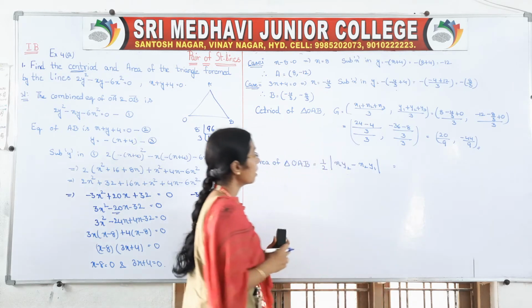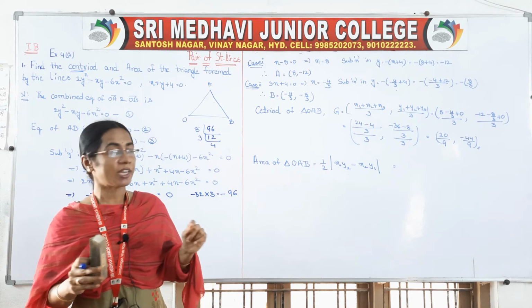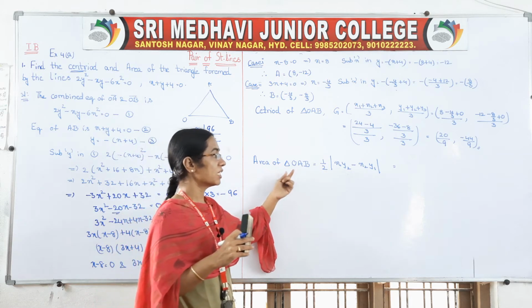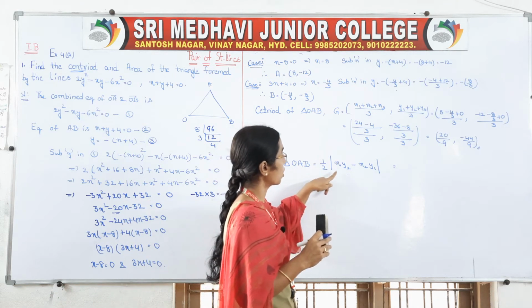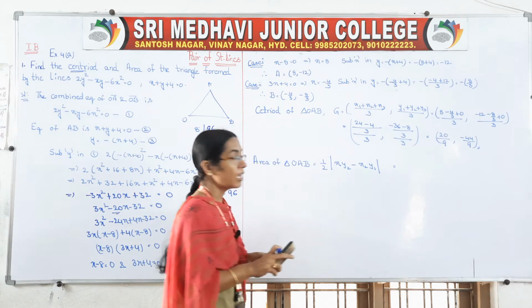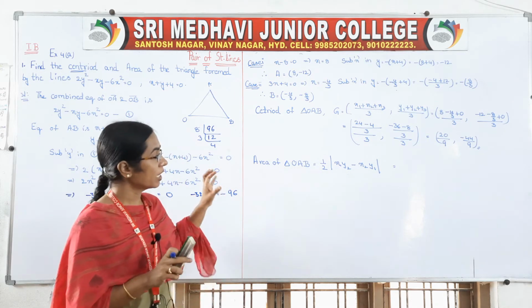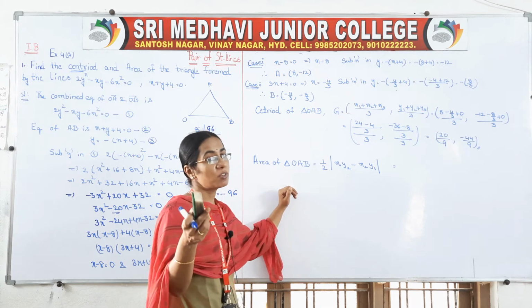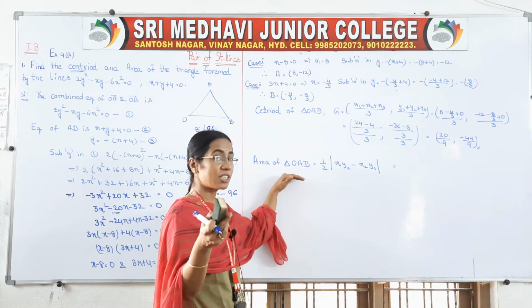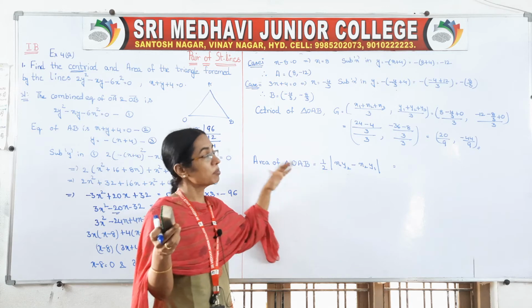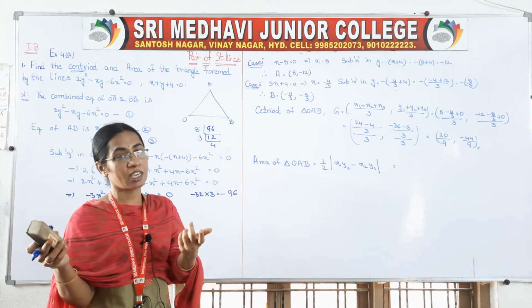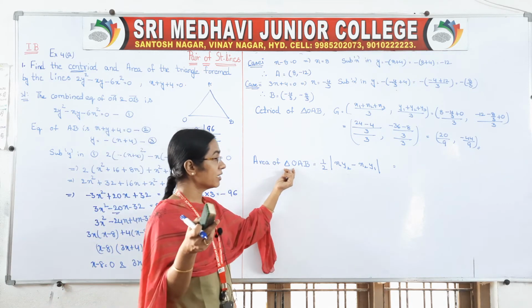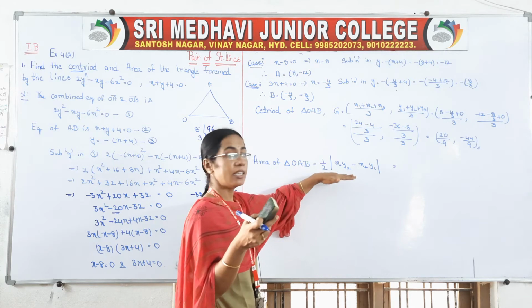Whenever the origin is one vertex, then the area of the triangle formula is half into modulus x1 y2 minus x2 y1. Actually x1 into y2 minus y1, like that we will take the area of the triangle if 3 vertices are there, A, B, C. That means instead of origin, suppose any other vertices, but if the origin is there, the area of the triangle is this formula.